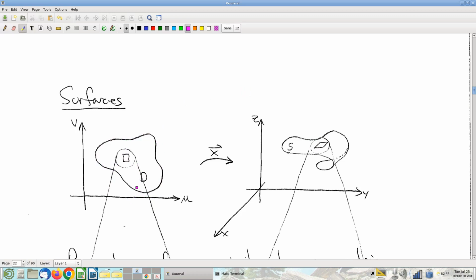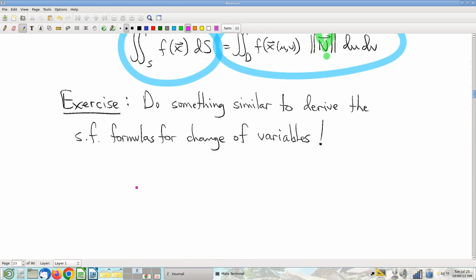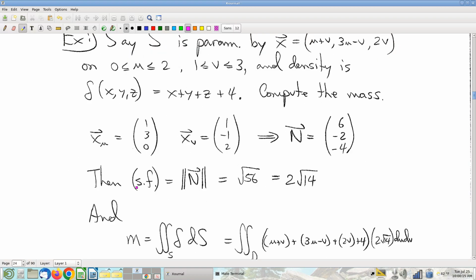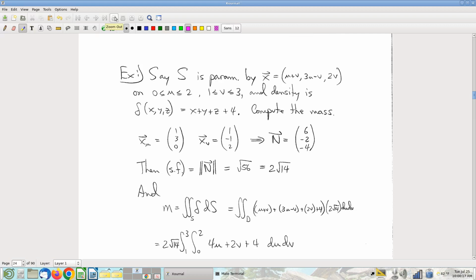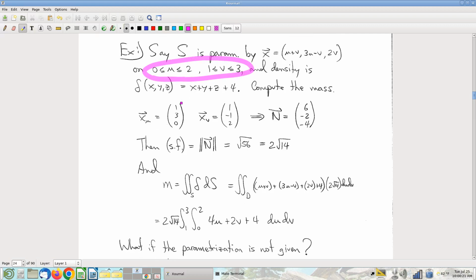And in the statement of the question here, it actually tells us right here that these are the values of u and v that, when you plug into the parameterization, give you our surface. And so those then are the values of u and v in this integral. What do you say? Everybody's happy? Okay.